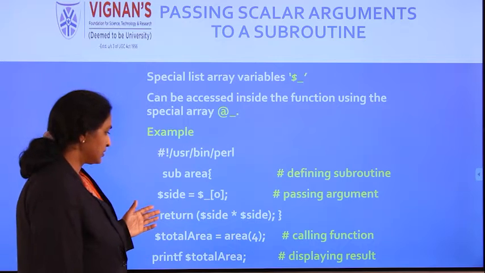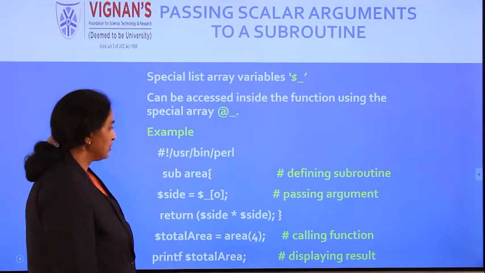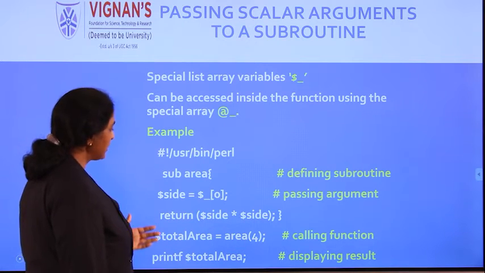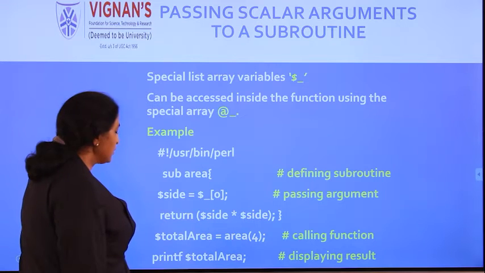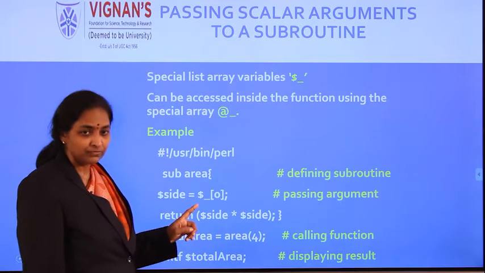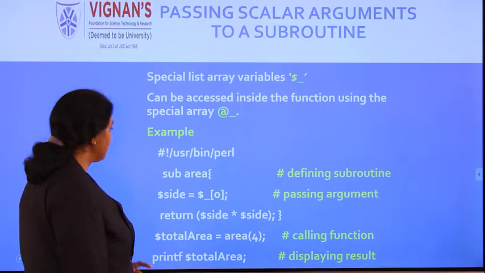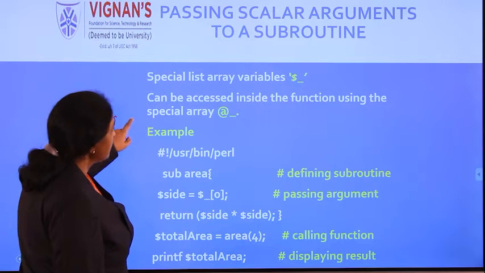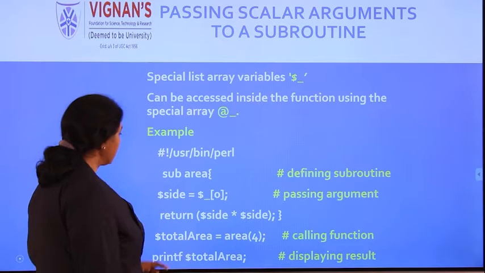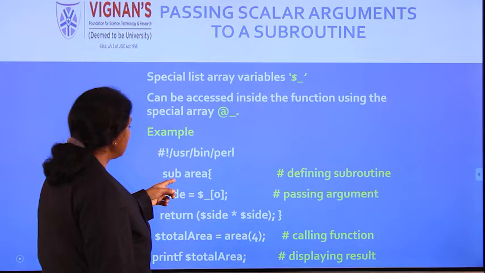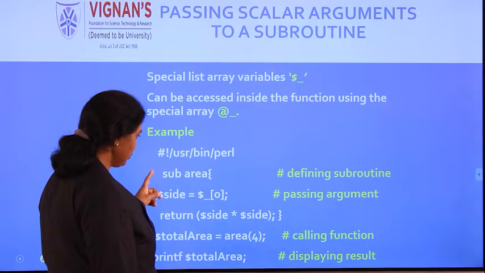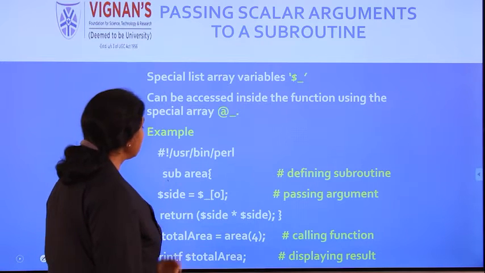Now I want to find out the area of the square. For that I need only one dimension. I have to pass only one argument. Now you see here how to pass a single argument. First you define the function. Sub is the keyword.